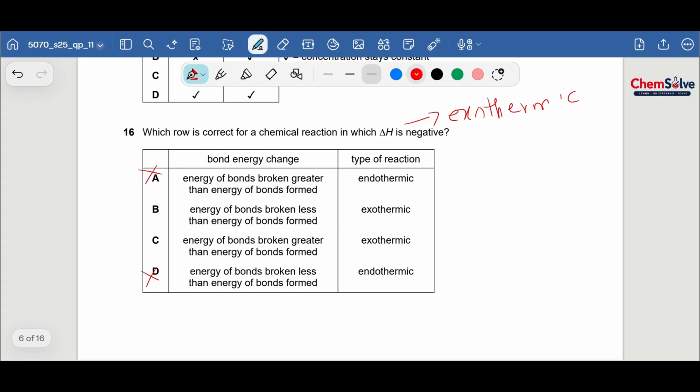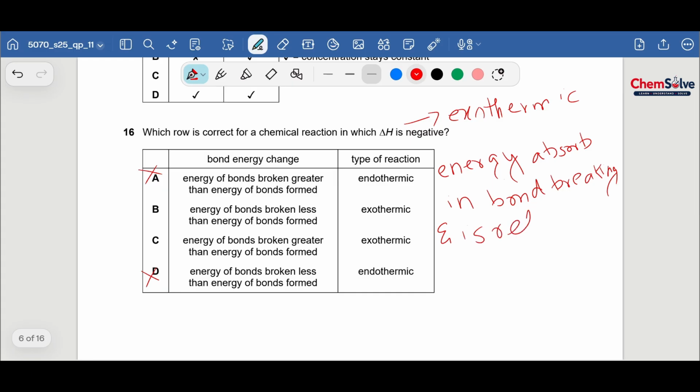We also know that energy is absorbed in bond breaking and energy is released in bond making or bond forming.